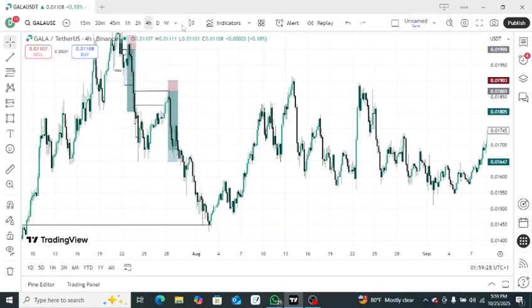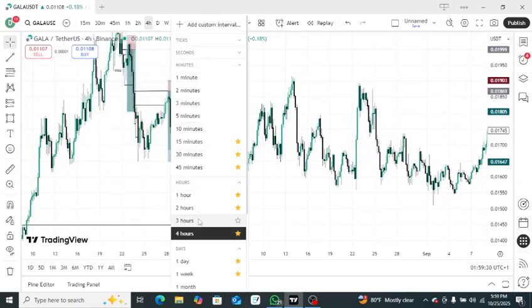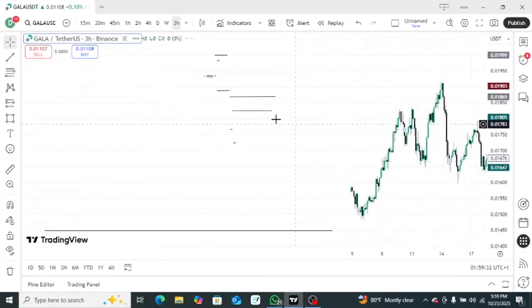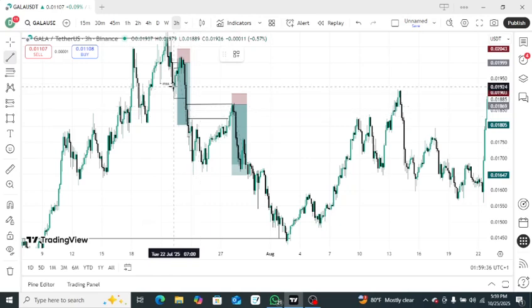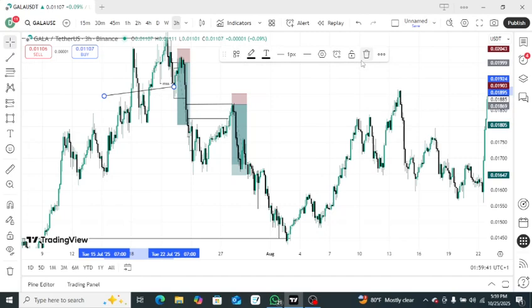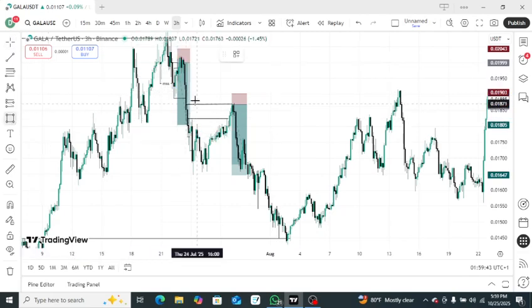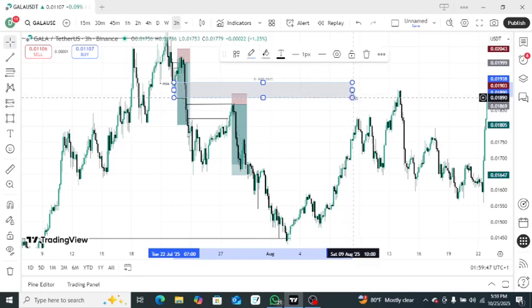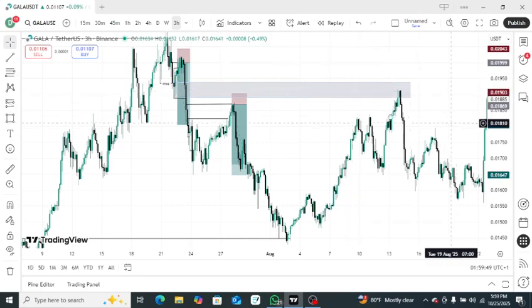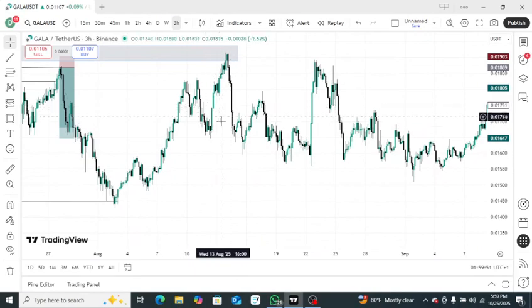Let me go to the 3-hour time frame and check. Okay, yes, I see it. So the 3-hour time frame here. So this is where price was reacting from, and this was where price caused the market structure shift.